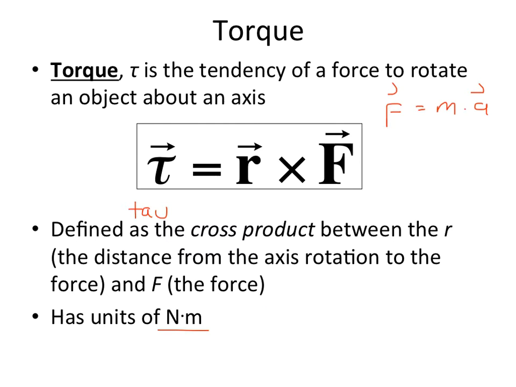Some people say foot-pounds, other people say pound-feet. My car that I just sold had like 400 pound-feet of torque. Very, very powerful car. Pound is a force, foot is distance, so same thing right here. But our units are going to be Newton meters.